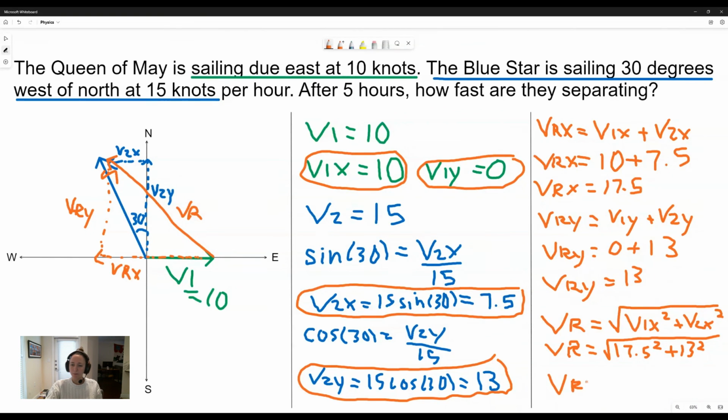If I grab my calculator and calculate the square root of 17.5 squared plus 13 squared, I get 21.80 knots per hour. And that's it. This would be the final solution to this problem.